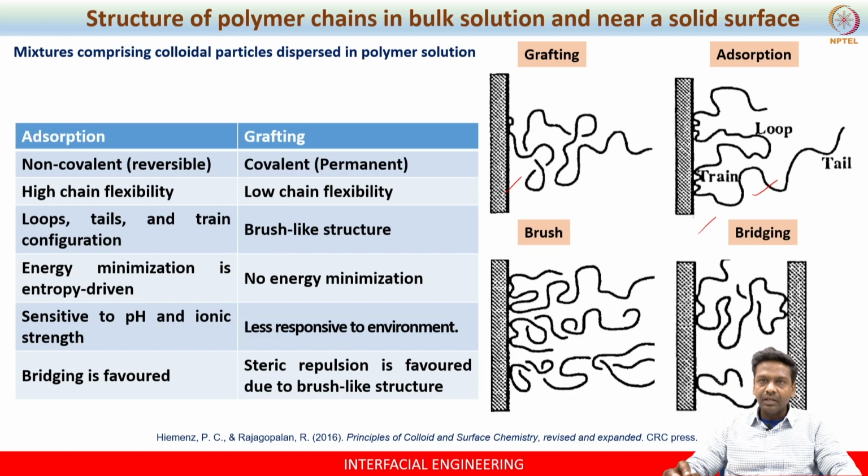Whenever the affinity between the polymer molecule and the surface is good, they will get anchored onto the surface. In the case of grafting, it is purely due to the covalent interaction. Because it is covalent interaction, it doesn't offer good chain flexibility, but in the case of adsorption, it offers good chain flexibility.